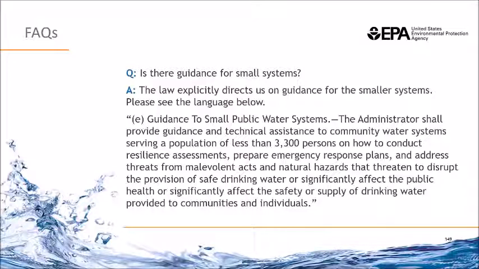So that portion is required by law to be provided by EPA to those very small water systems servicing less than 3,300. But that will come out at a later date so as not to be confused with the compliance information that is the small systems checklist we're developing, VSAT, and the emergency response plan guidance and template.